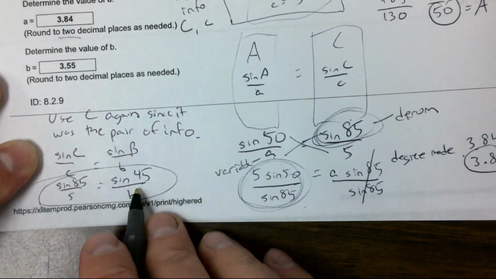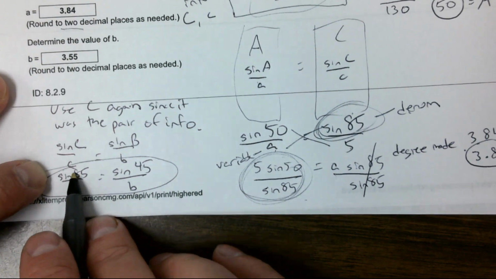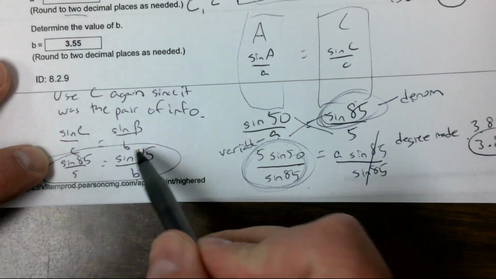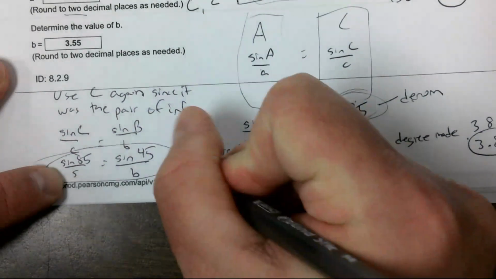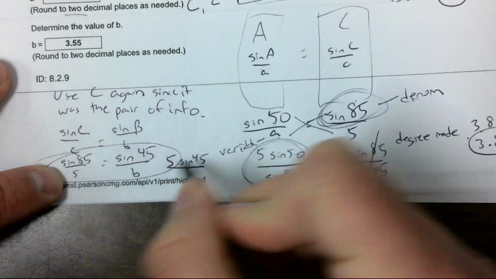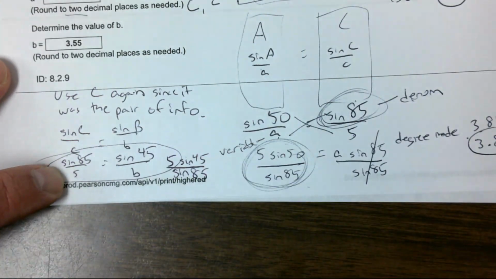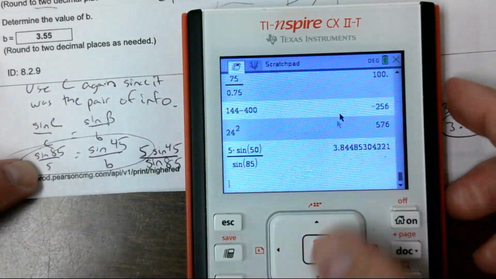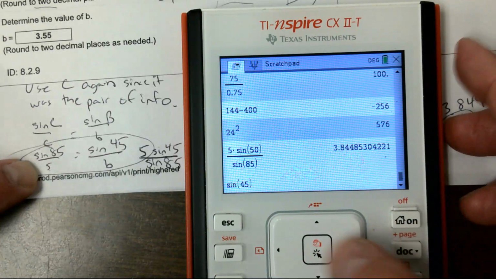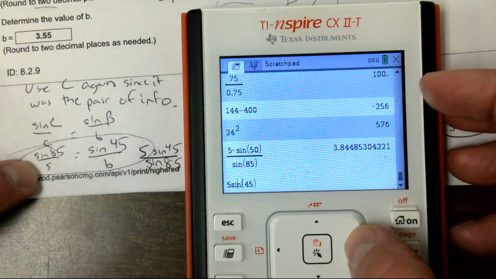So when we do this, now your variable's here, so this sine 85 is your denominator. So do your cross multiplying, so you get 5 sine 45 over sine 85. Whoops, I need a 5 in front of that. 5 sine 45.